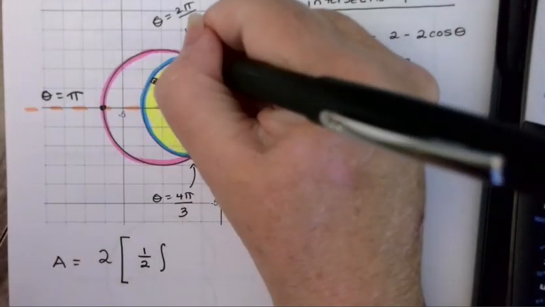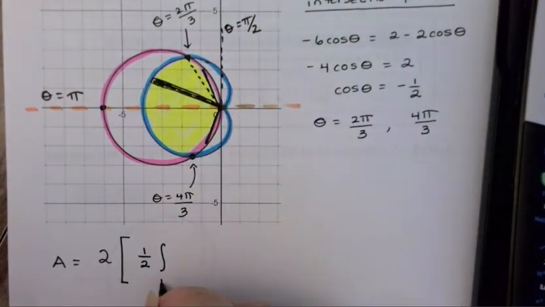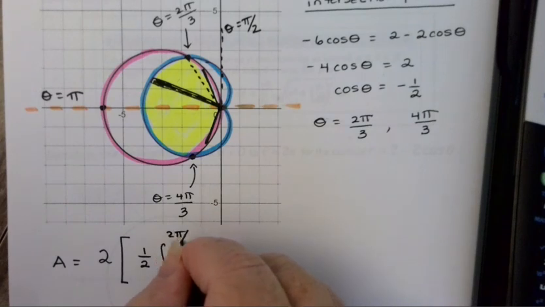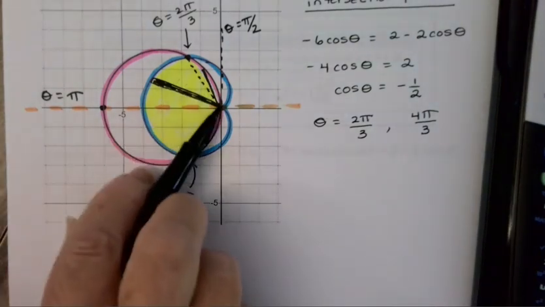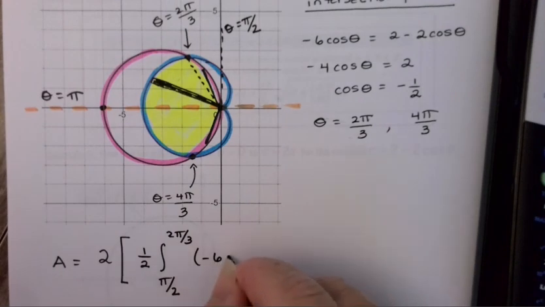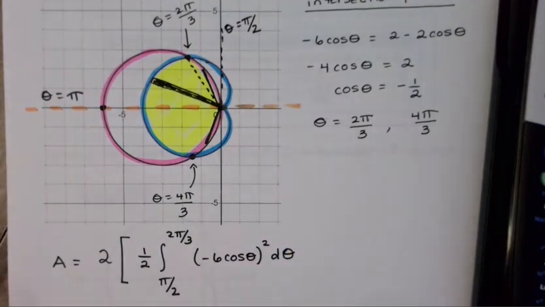So this little section is going to go from theta equals pi over 2 to theta equals 2 pi over 3. And for that little section, I'm only going to the edge of the circle. So for the r value, I'll use -6 cosine theta squared. I'm done with that piece.